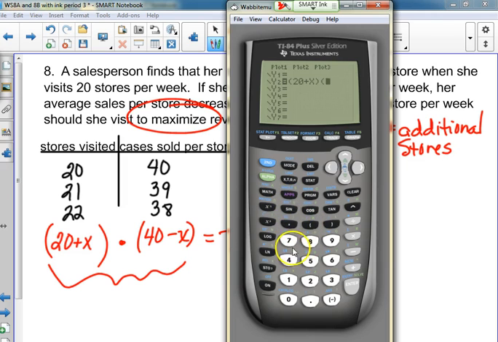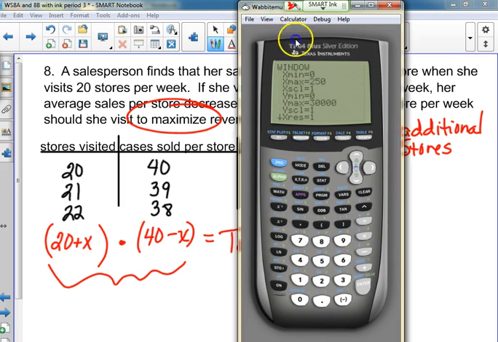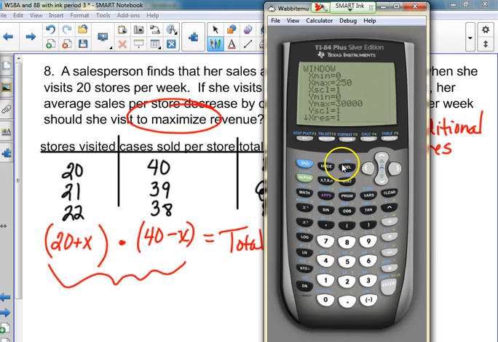When we put this in, it represents, oh, that's supposed to be an X. X is the number of additional stores, but the total product of those two things is how many she sells. So what did she start off selling, guys? 800 cases?